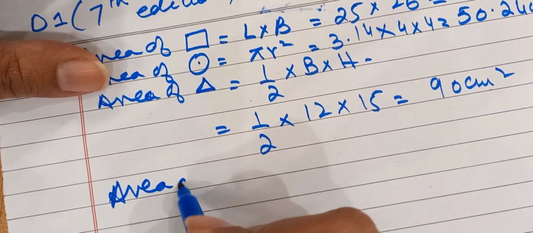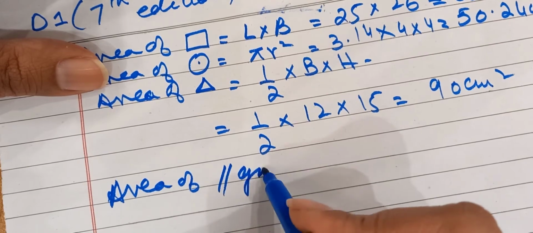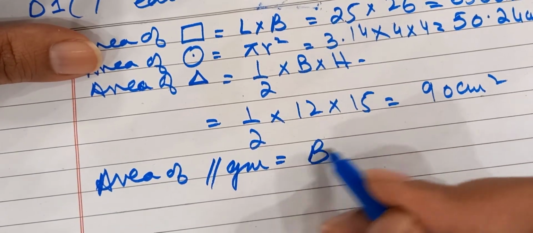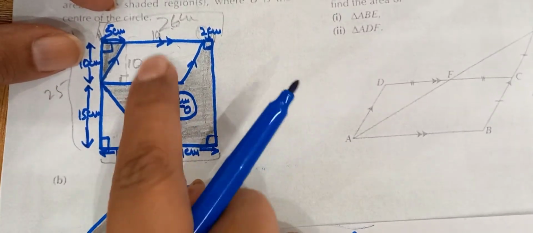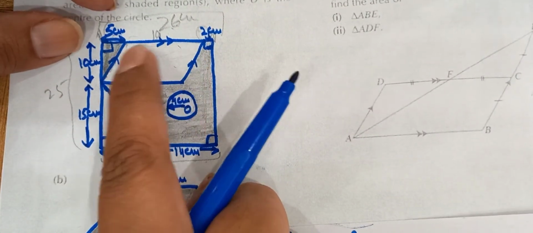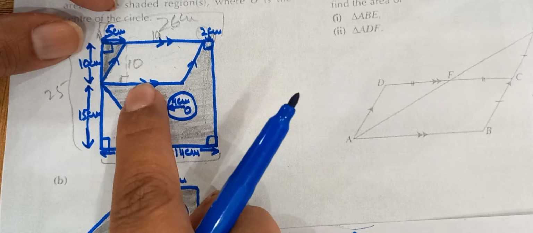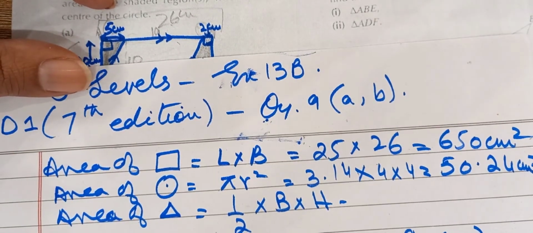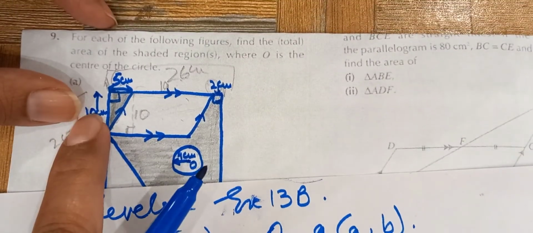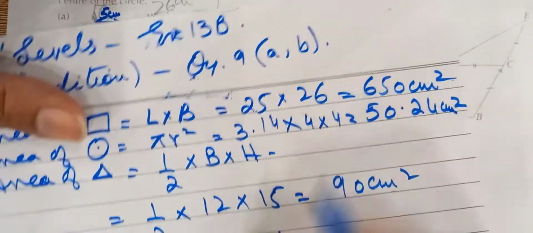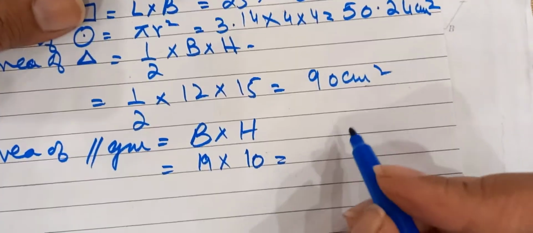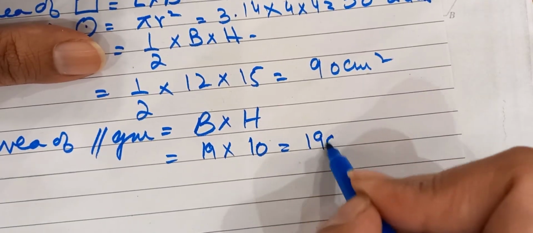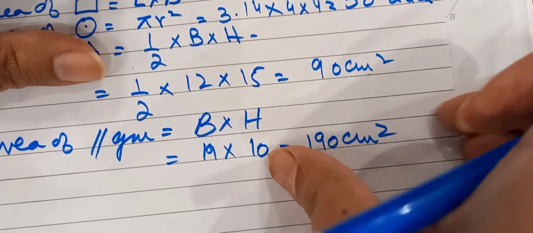Area of a parallelogram is equal to base into height. I am taking 19 because this is 19, so this is also 19, and the height would be this 10, so 19 into 10 is equal to 190 centimeters square.